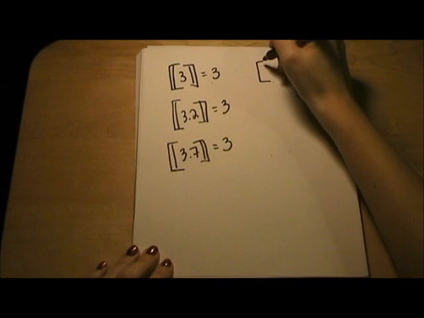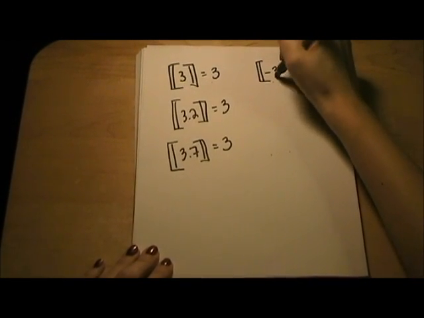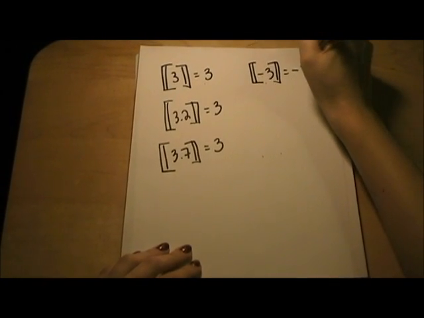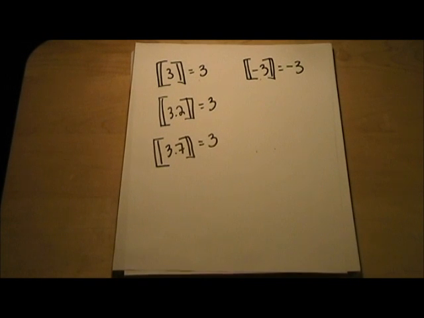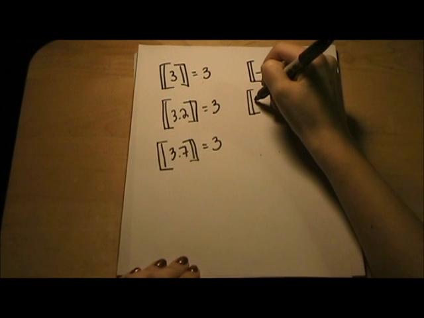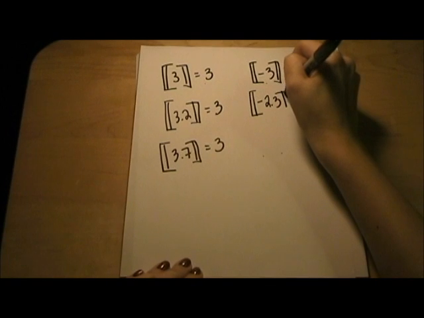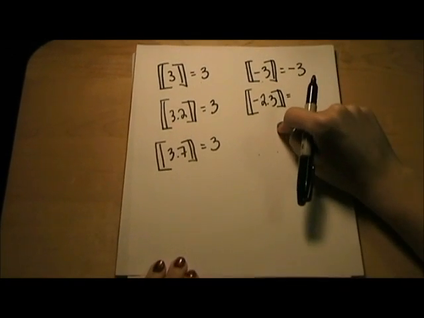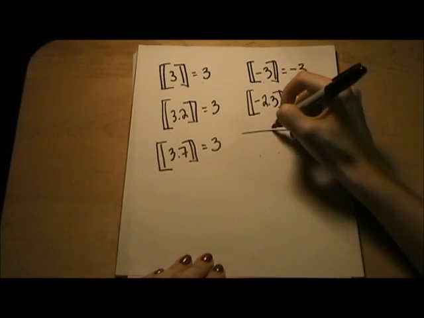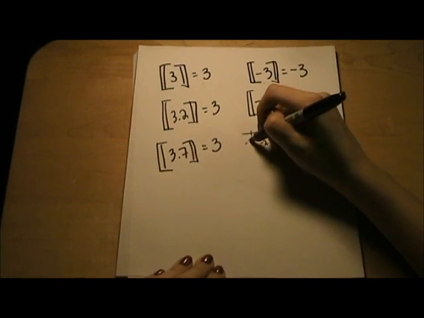If we were doing negatives, okay, if I gave you -3, that is an integer, so -3 would be the answer. If I gave you -2.3, negative numbers move in the other direction. So on a number line, we have -2, -2.3, -3.